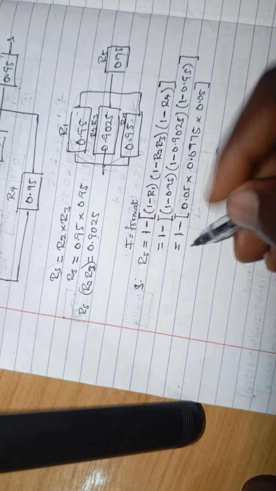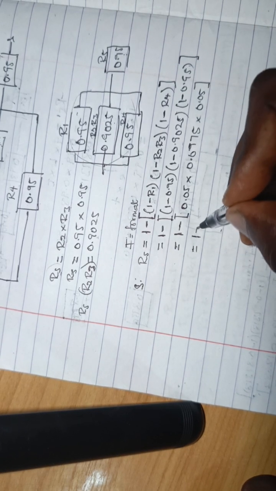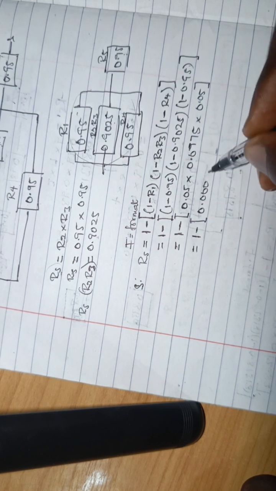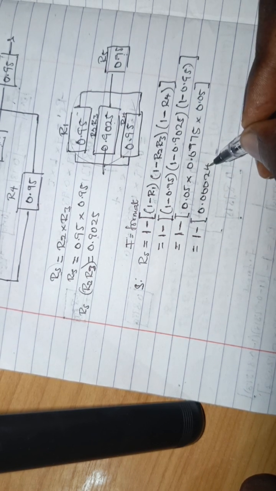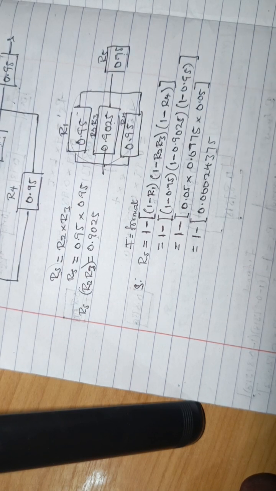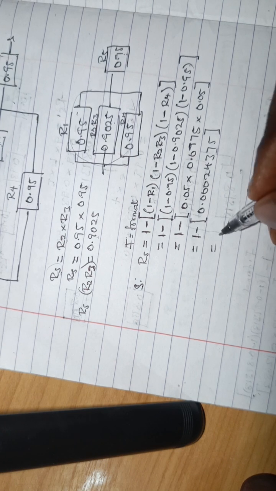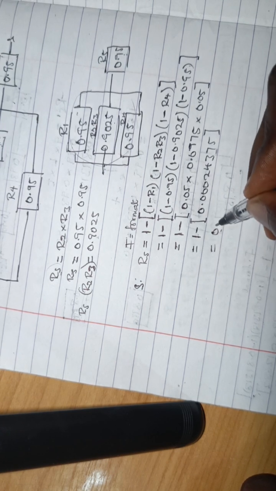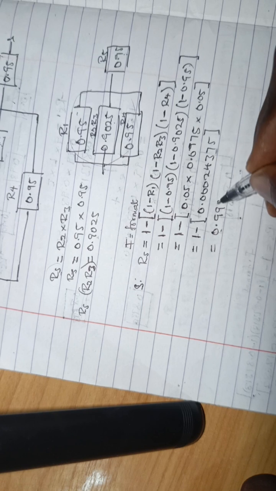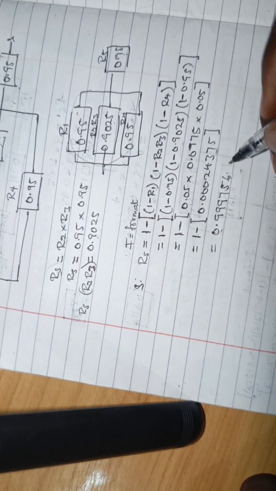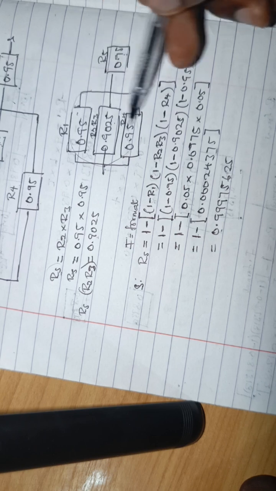So then we multiply all of them together and we are going to get 0.00024375. Okay, so then we subtract this from 1, and we are going to get 0.9997562 5.